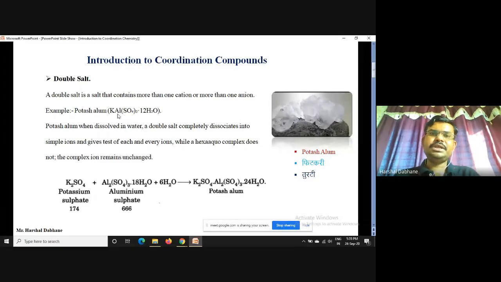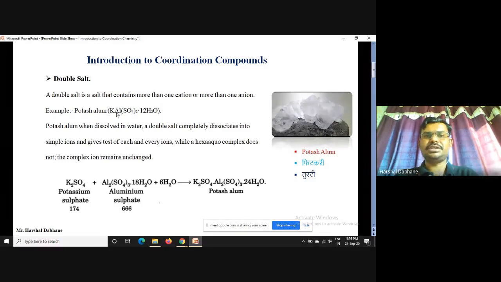When we test that solution for a particular metal, for example, suppose we dissolve this potash alum in water and now test for potassium and aluminum. So when we take the water and do the test for potassium, that solution gives the test for potassium as well.